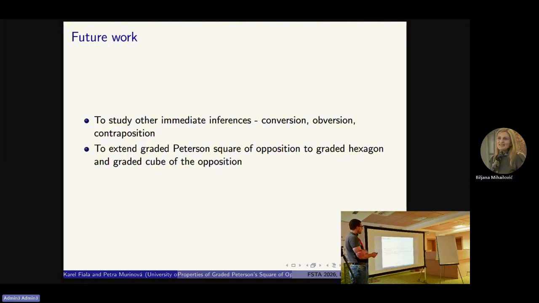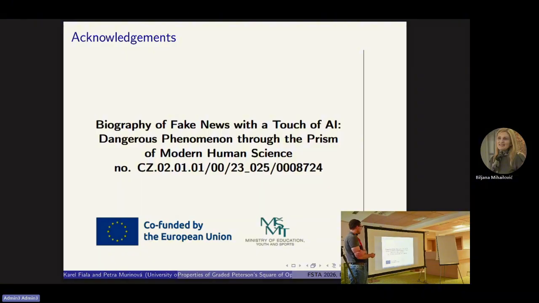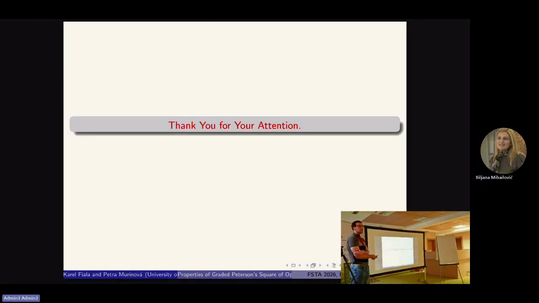There are also other possibilities for immediate inferences, such as conversion, obversion, and contraposition. Future work is to study them and their connection to the structures of opposition, but also to syllogism, because it seems there is some connection. Thank you for your attention.